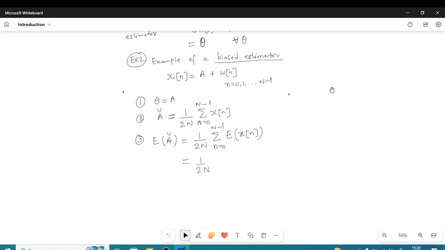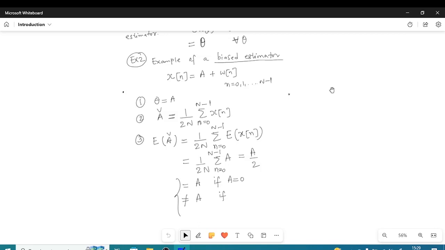This gives average value of A tilde equals A by 2, which is equal to A if A is 0, otherwise not equal to A if A is not equal to 0.